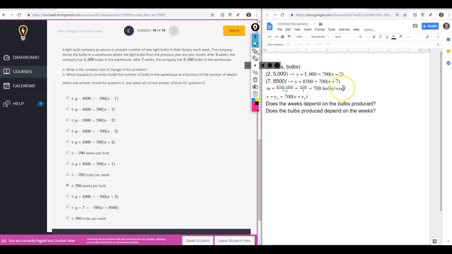So those are the two equations that I can think of. So let's check for those two. So y minus 5,000 equals 700 times x minus 2 right there, and y minus 8,500 is equal to 700 times x minus 7. And that's how we would go about answering this question.